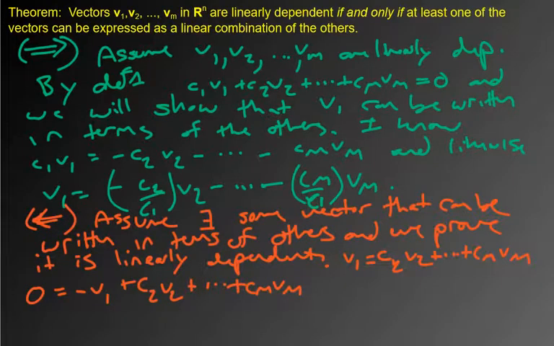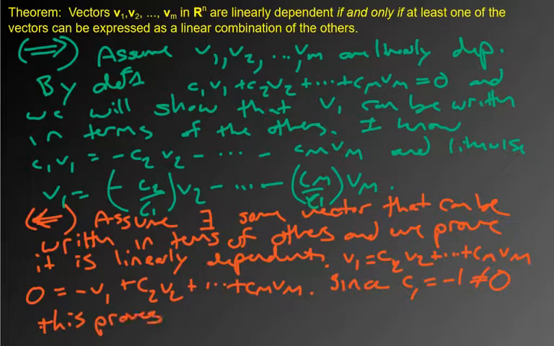And that really does it, because you have shown that there exist these coefficients that are non-zero, right, that add up and give you 0. So, basically the idea is since c1, which we're basically saying is -1, doesn't equal 0, it's non-trivial, this proves the set of vectors is linearly dependent.